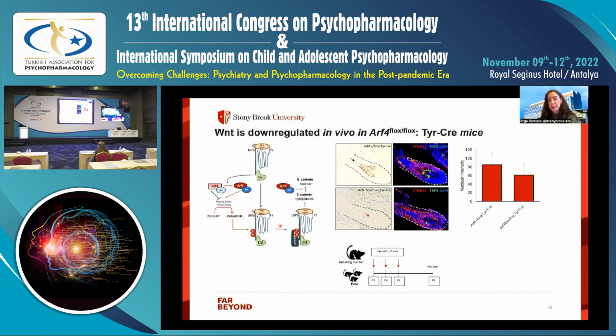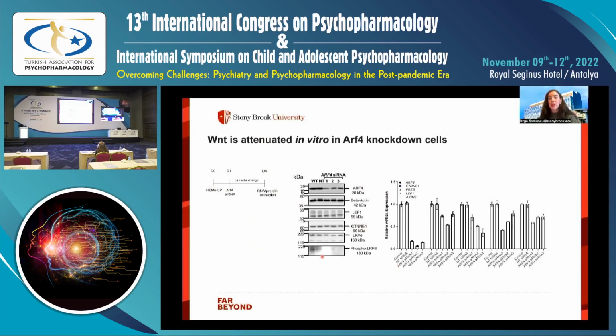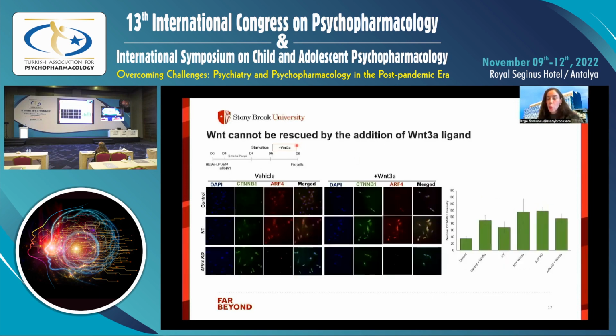So, which basically led us back to the idea that this phosphate addition to the LRP6 is not happening when the active form of ARF4 is not present. We further did relative mRNA expression analysis by qPCR, and we realized that most of the downstream pathway elements were significantly downregulated, and we further wanted to have a rescue model of the system.